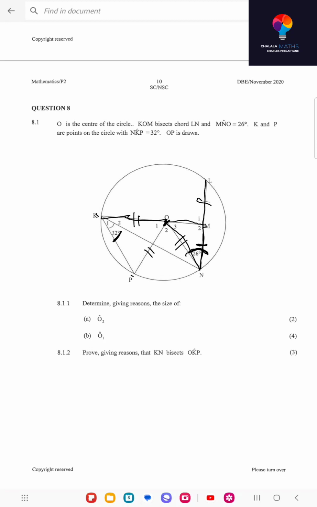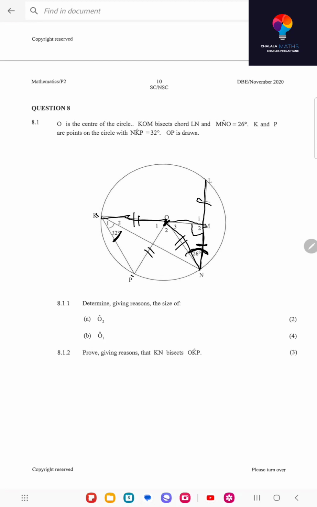So you take the information from the statement and you plot it. You plot everything that you can come up with from the statement. Like in this case, our M2 is going to be 90 degrees. Why? Because it was said KOM bisects the chord LN into two equal parts.